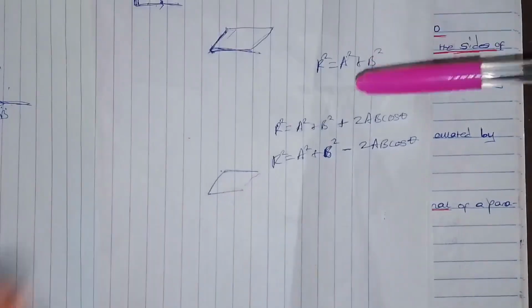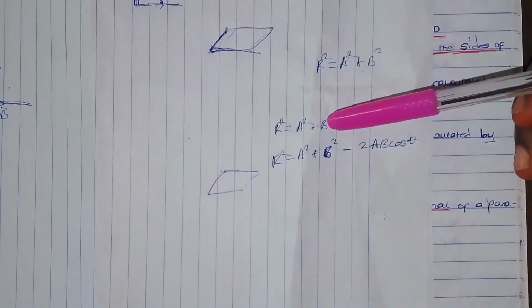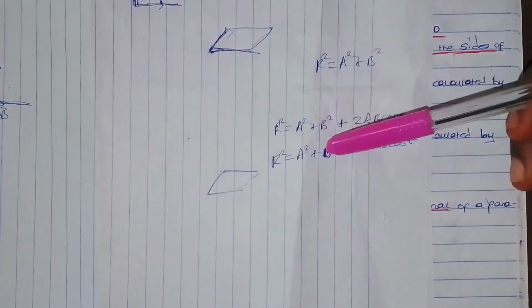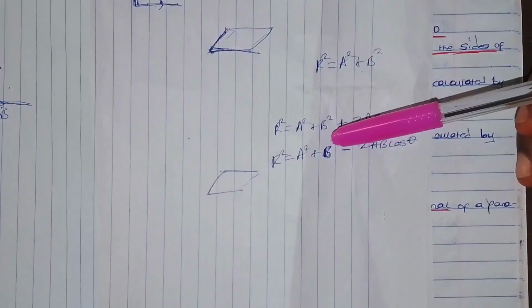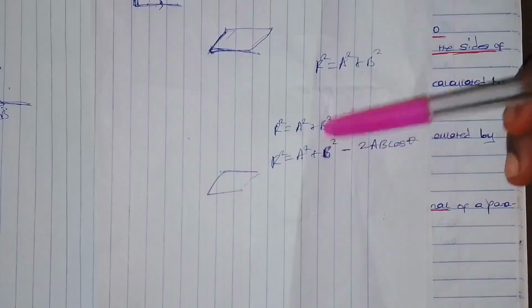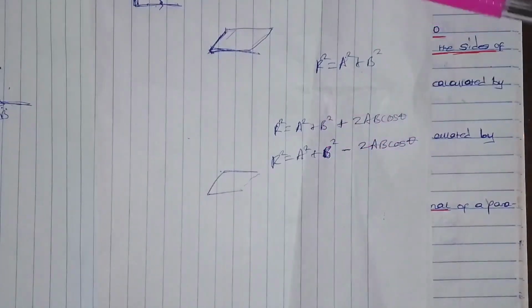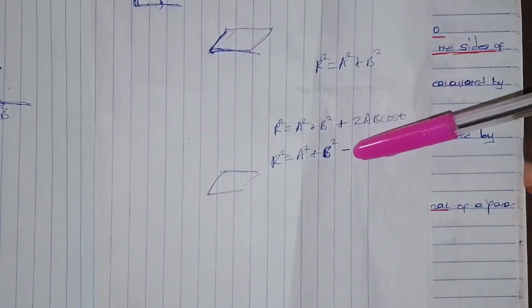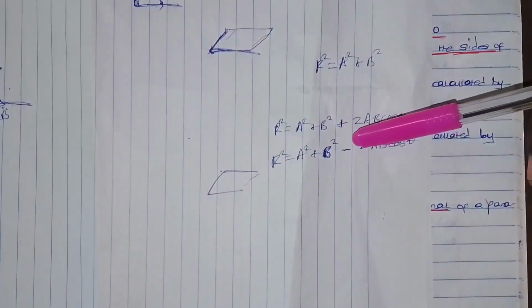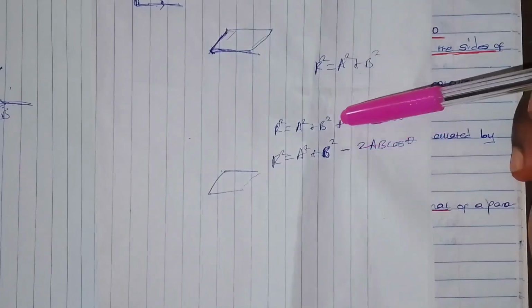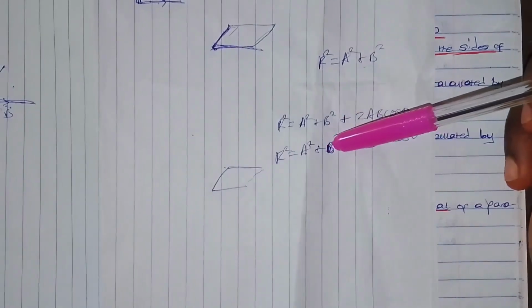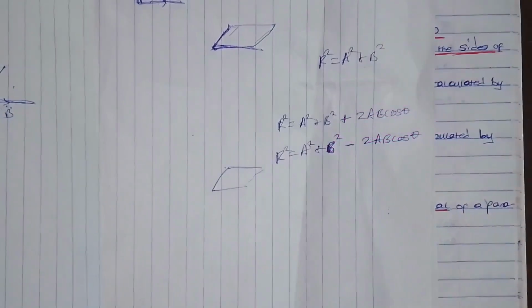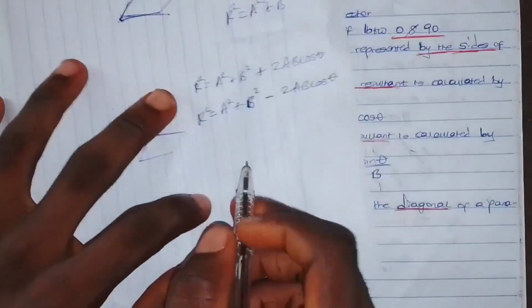Now, let me tell you how to know the formula to use. Is it the one containing plus or is it the one containing minus? How do you know if you are going to use this one or this one in a question? It will be something like this.